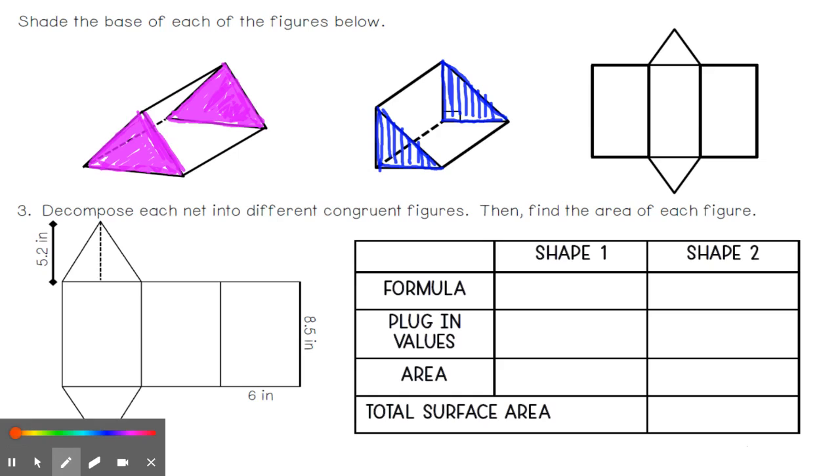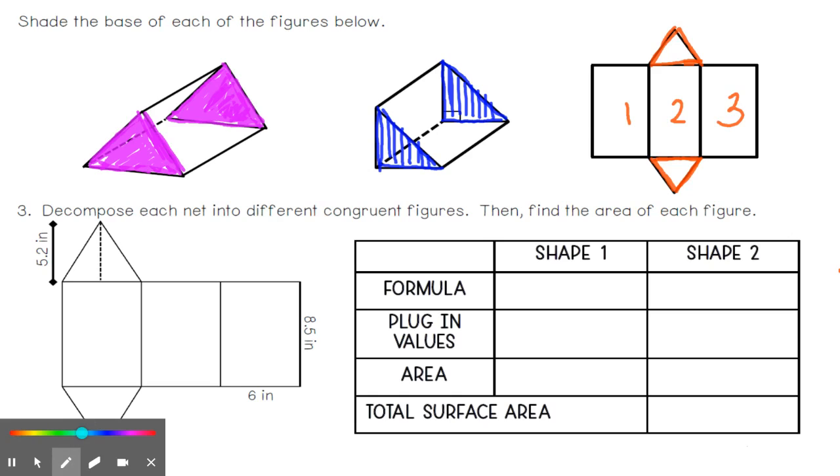And then the third one has been opened as a net, okay? So again, here is a base, and here is a base, okay? So notice we have 2 triangular bases, and then we have 1, 2, 3 rectangular bases.